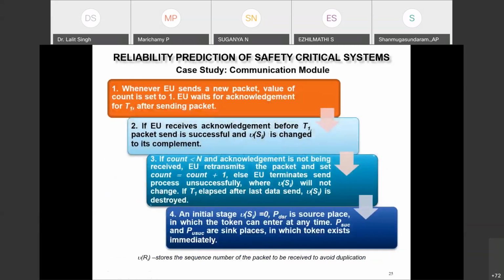Now let us understand the case study. We are taking a communication module, and the protocol works in a very normal way, like the way we want to communicate with a friend. Suppose we lift up a phone, dial the number, and say hello. Then we have to wait for the acknowledgement. If I don't get the acknowledgement, again I will say hello and again wait for the acknowledgement.